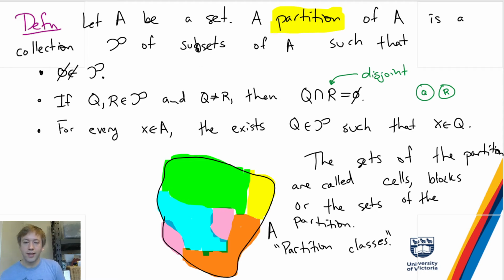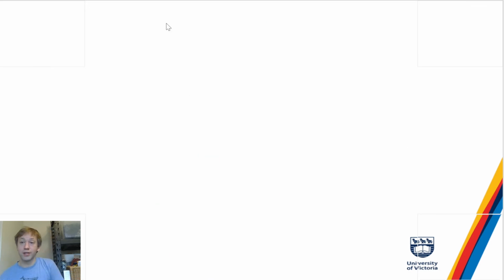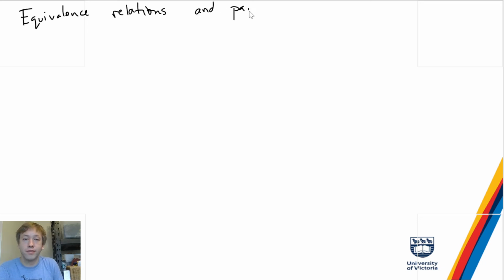Okay, so this, like I said, does connect to equivalence relations and equivalence classes. The thing I want you to take away from this is that equivalence relations and partitions are basically the same thing.